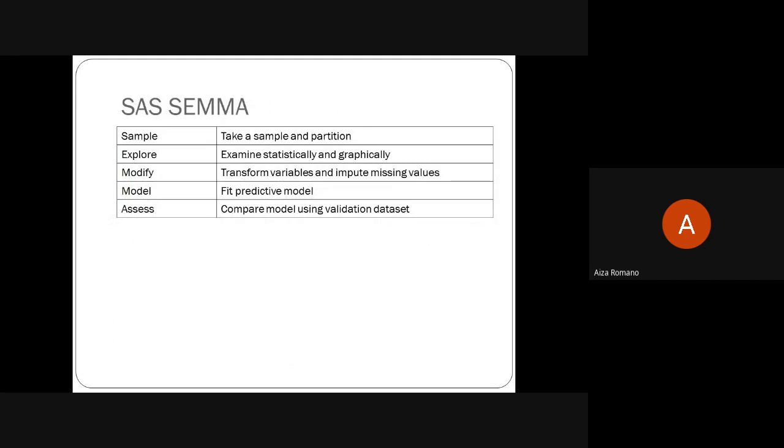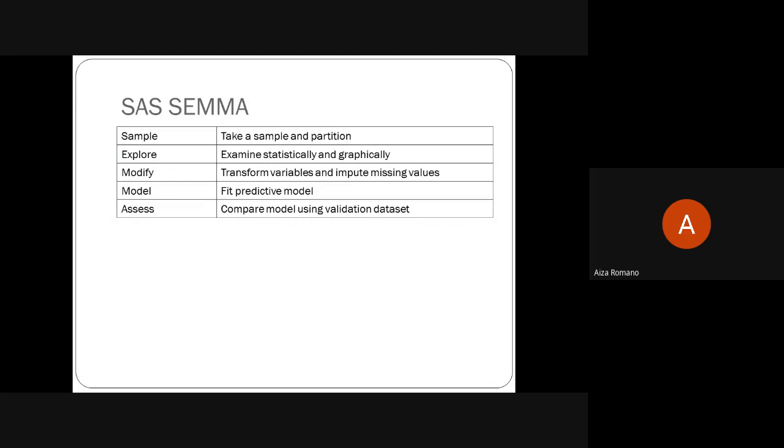The foregoing steps encompass the steps in SEMMA, a methodology developed by the software company SAS. Sample, explore, modify, model, assess. Sample means taking a sample from the dataset, partitioned into training, validation, and test datasets.